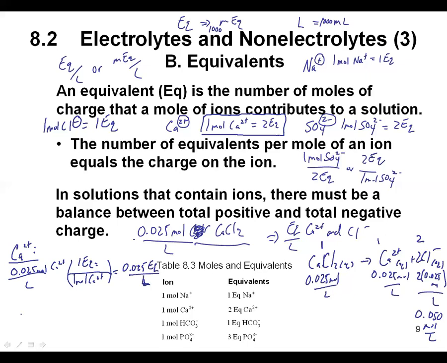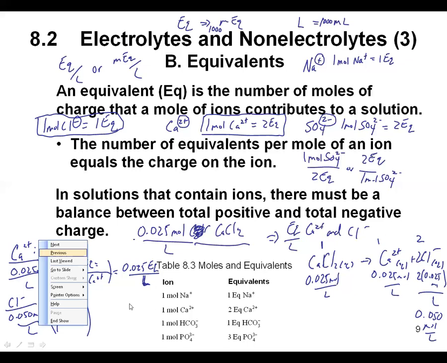We could also do it for the chloride part. Again, we would start with the concentration of chloride and use the equivalence as a conversion factor. To get rid of the moles, we see that 1 mole, I'm sorry, that should be 2 equivalents. Some bad math there. Let me try that again.